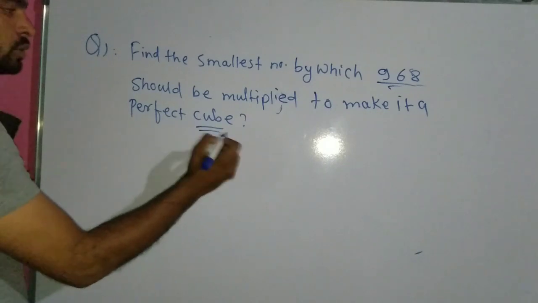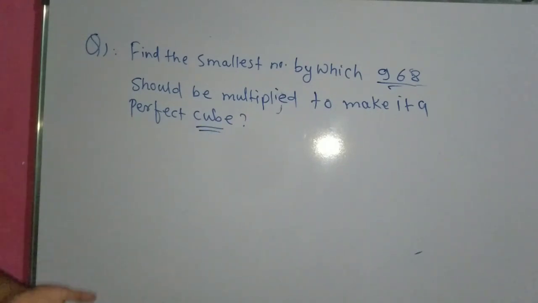So here we want to make a perfect cube. So we have to find the smallest number for 968.